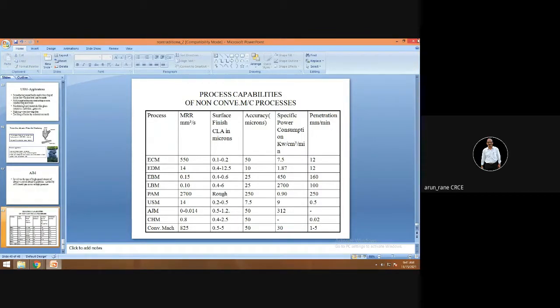Okay, which is the slowest? Abrasive jet machining. See, the material removal rate is 0 to 0.014 millimeter cube per second.